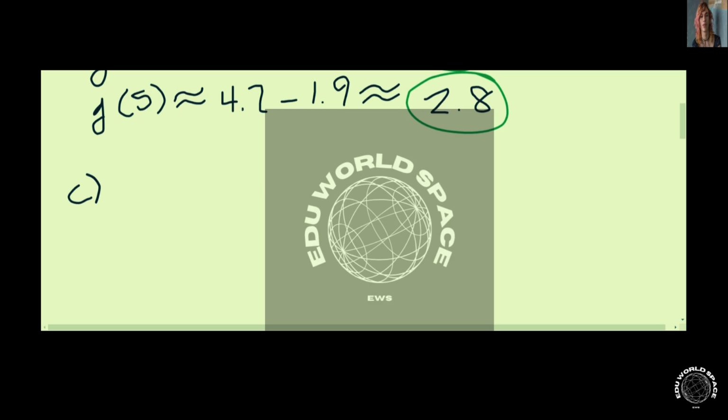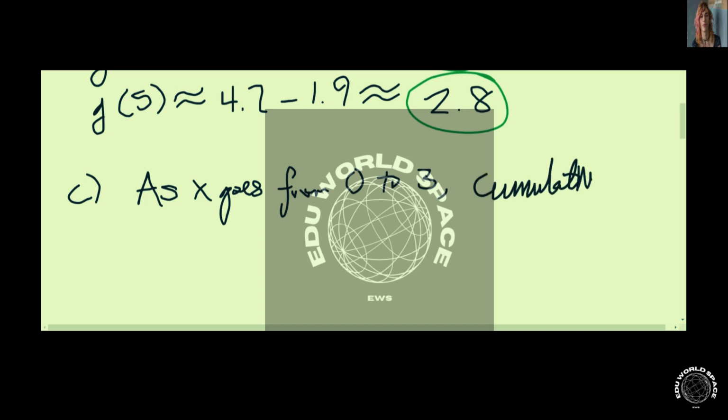So, as x goes from 0 to 3, it follows that the cumulative area increases. On the other hand, past x equals 3, total cumulative area decreases.